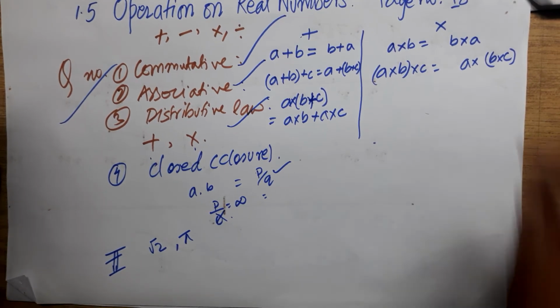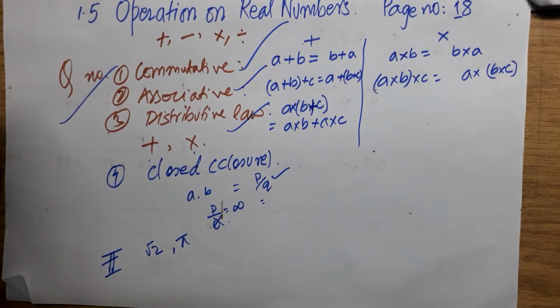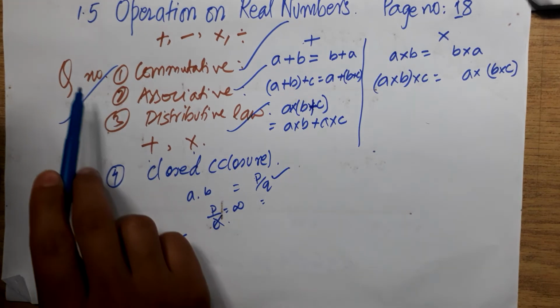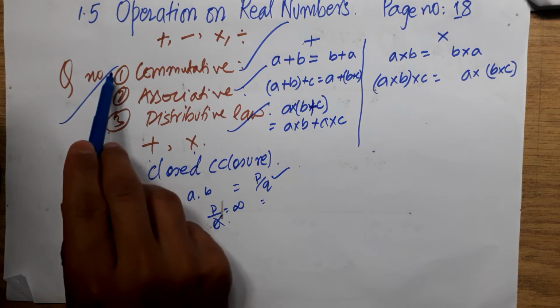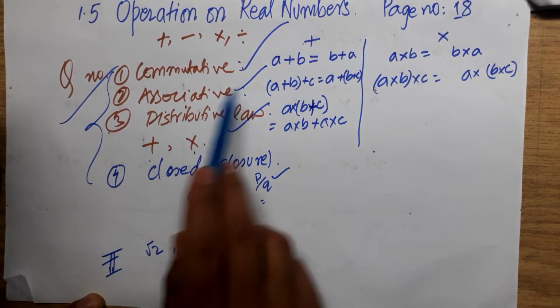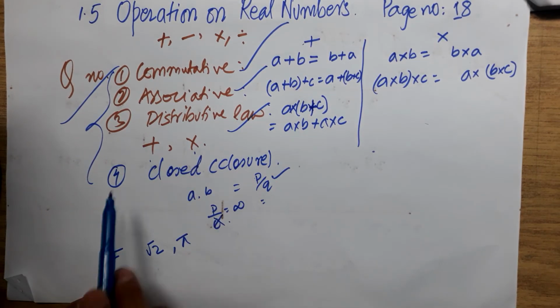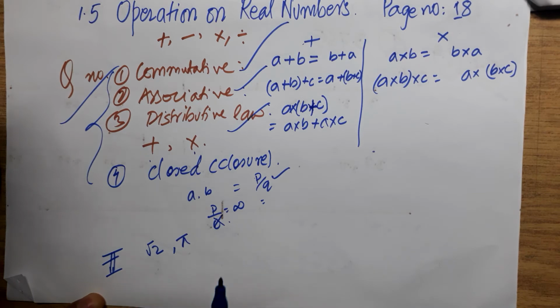However, the sum, difference, quotient and product of irrational numbers are not always irrational. I'll repeat once again. Whatever properties rational numbers satisfy up to this, that is commutative, associative, distributive, closure, they will be satisfied by irrational numbers as well.